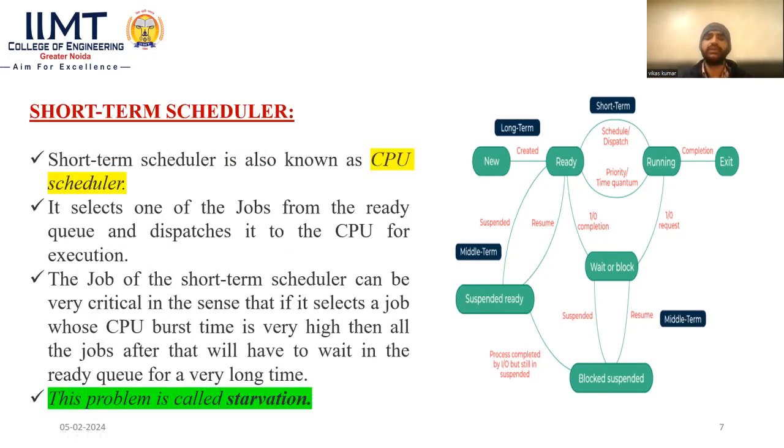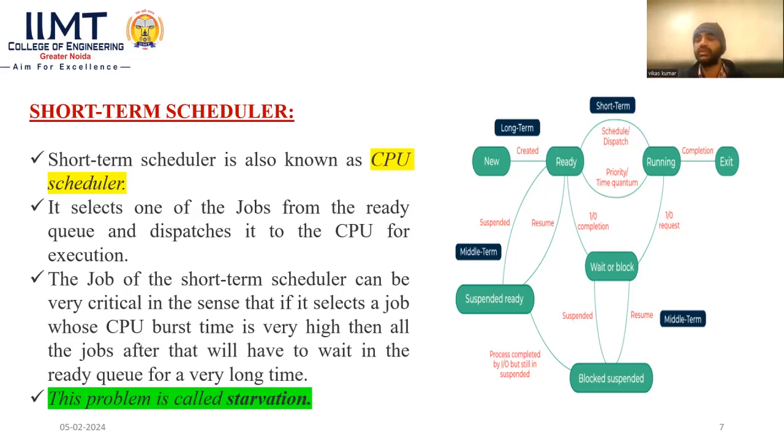A key problem here is called starvation. Starvation means, let's take an example: we are scheduling a process with a long execution time, a long burst time, from ready to running state. After that, there are many processes with the shortest burst time, and all those short processes need to wait for a long time before they can go to the running state.